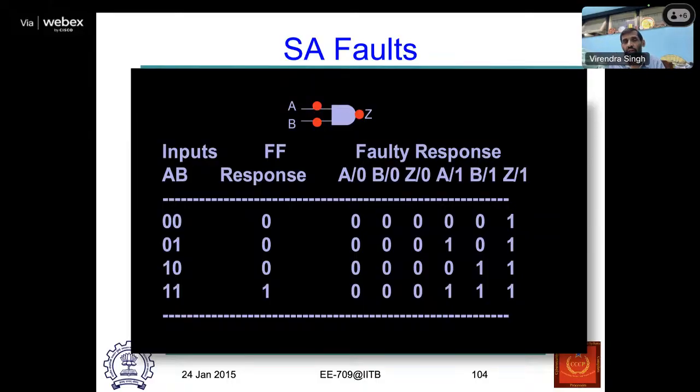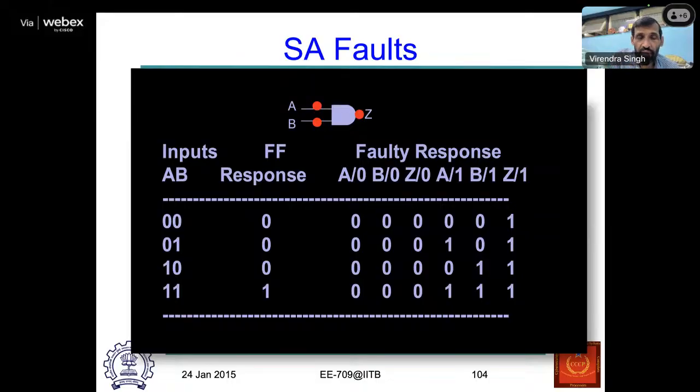If there are n nets in my circuit, I can have 2n faults, but one vector can test multiple faults. What I want is to cover all the faults with the minimum number of test vectors.